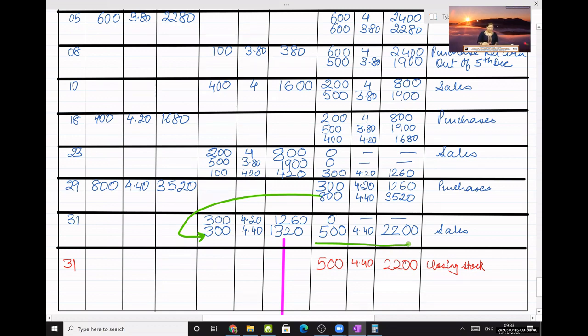Sale has happened, so quantity will be minus. So 500 is the closing. That's it. December's last date is 31st December. What is left in the godown is my closing stock.